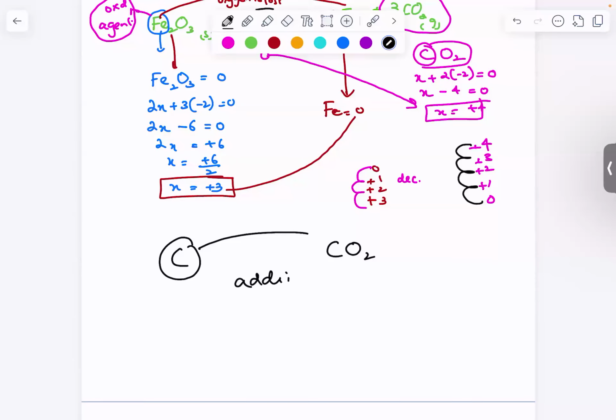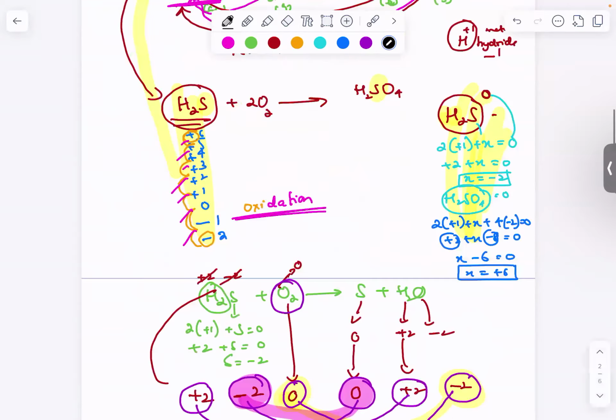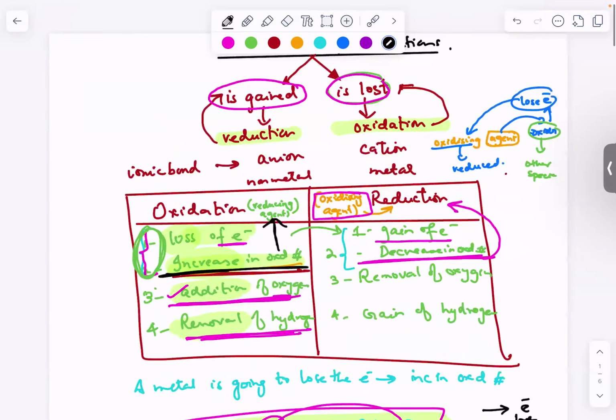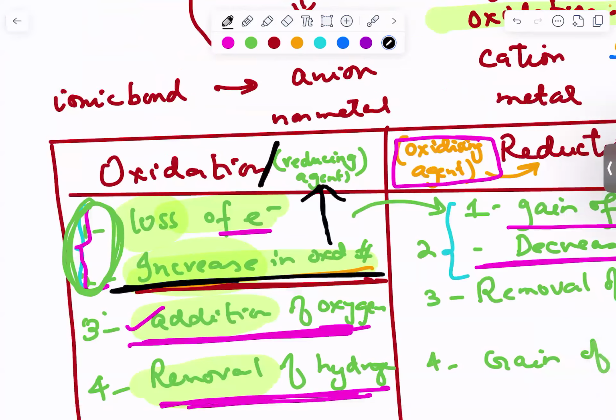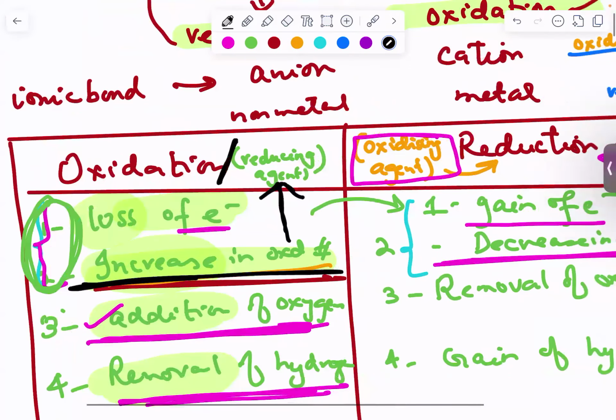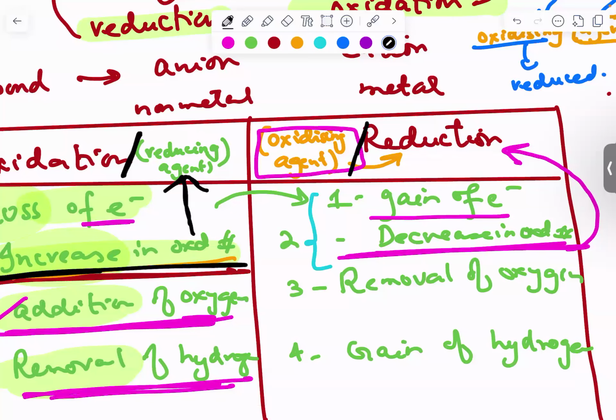Adding oxygen. Adding oxygen means reducing agent. If you are going to remember this: oxidation means reducing agent, reduction means oxidizing agent.